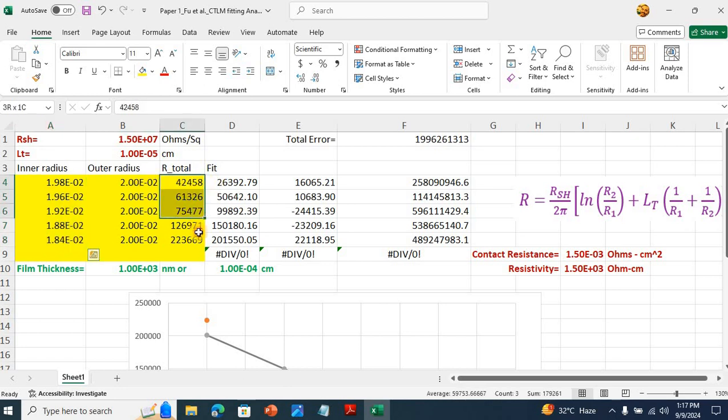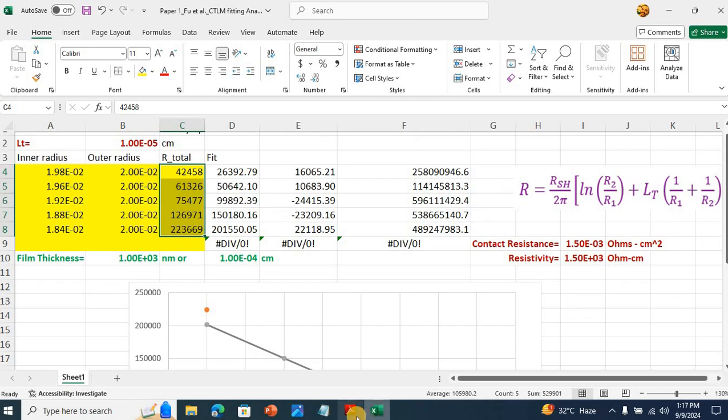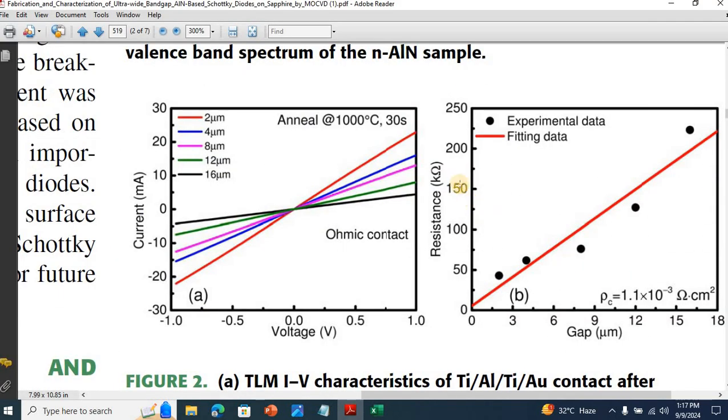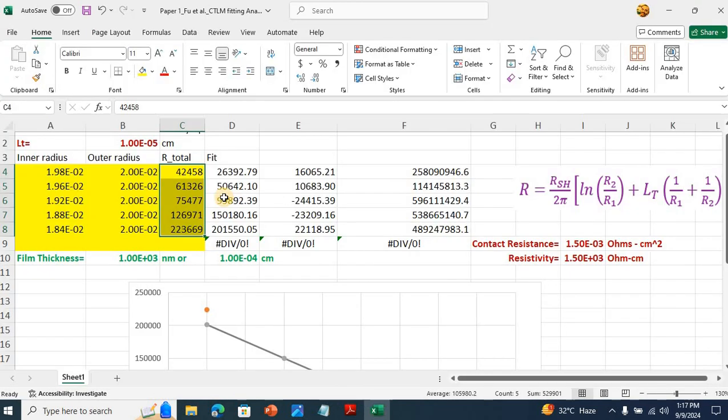This column shows the resistance. In the paper, it's given in kilo ohms, but actually when you measure it, I think there might be some mistake. If you calculate it, it does not come out in kilo ohms, it comes out in ohms. So we can make a correction for that.